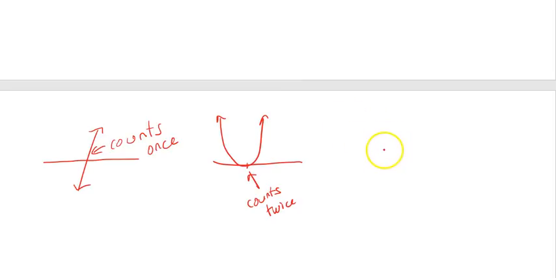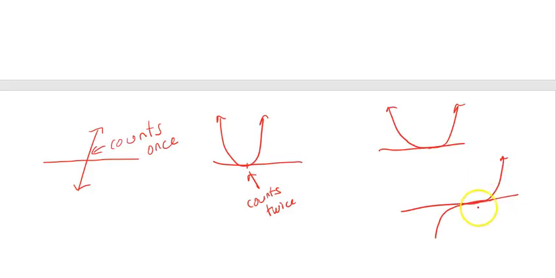Now, they can count more, and the way that you're going to see that on a graph is it can bounce off and count more by looking extra flat at that point. Or if it is counting like 3, 5, 7, something like that, an odd amount, it's going to still go through, but it's going to flatten out at that point.